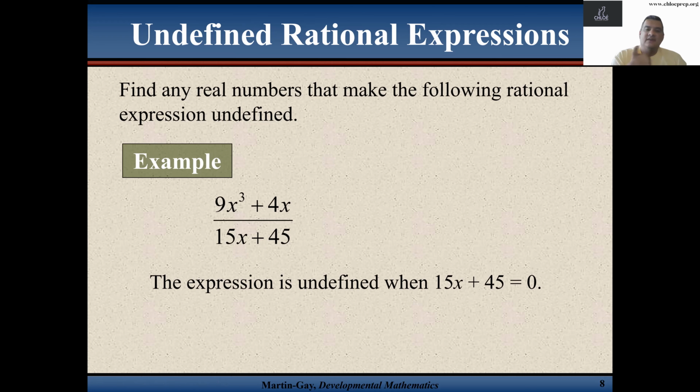That's because 3 times 15 is 45. That means if I made this x right here -3, I would make that -45 plus 45, and I can't have that, because that would make it 0. So -3 cannot be an answer.